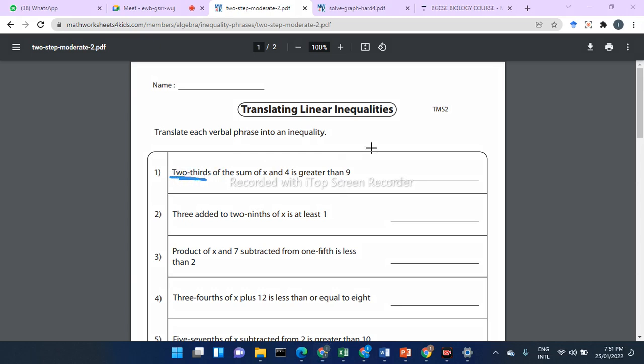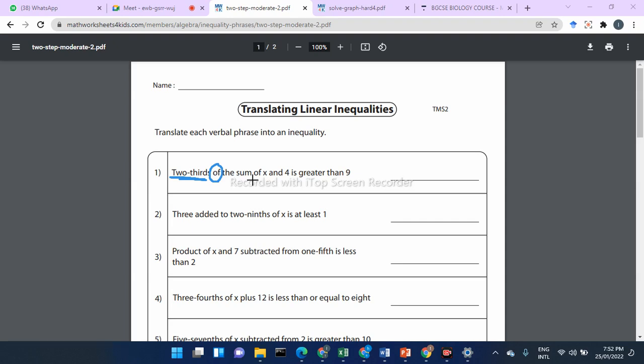Is it 2/3 x? No. They're saying 2/3 of something. 2/3 of something. Would it be x at the beginning?